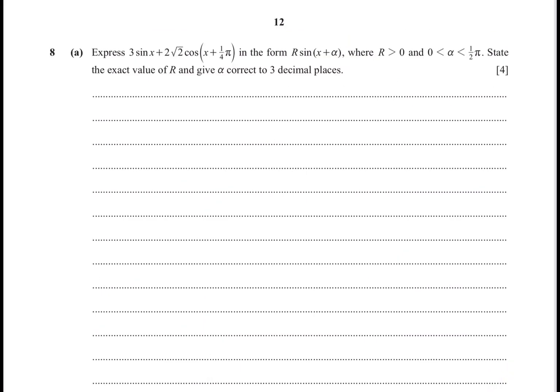So we have to solve this. Write down this equation and equate it with r sin(x plus alpha). Use the identity cos(a plus b), which is cos a cos b minus sin a sin b. Actually this identity would be given in the formula sheet.